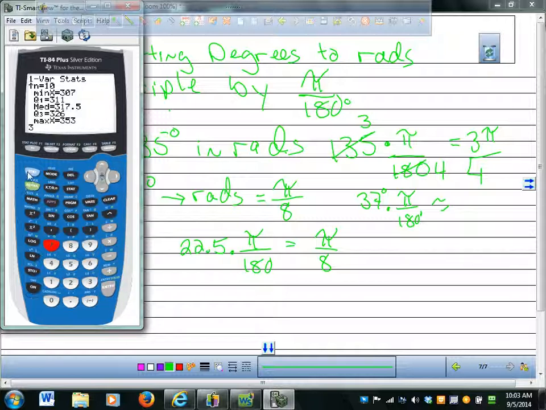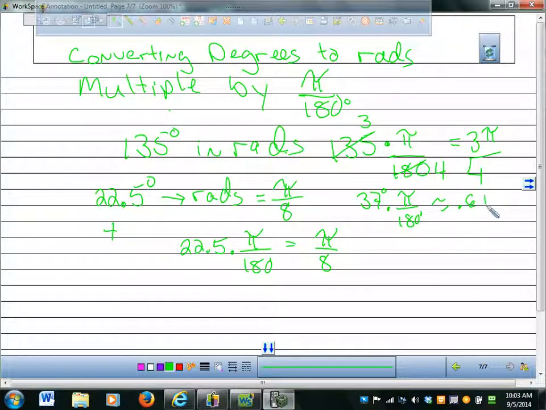Pi, you could just type in pi because that means multiply, which is above the arrow key. Divided by 180, you would get 0.645 radians. So that's equal to 0.645. You don't have to write radians, but just to make sure you know that's what it is.